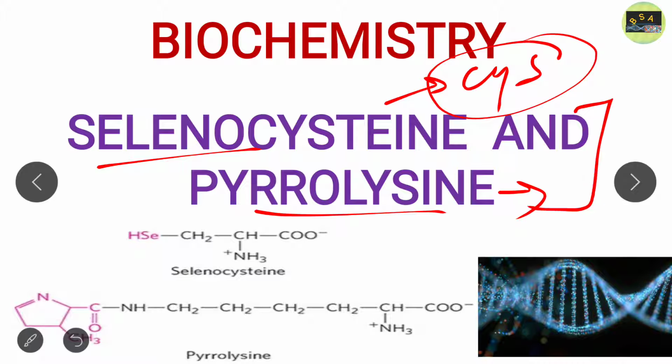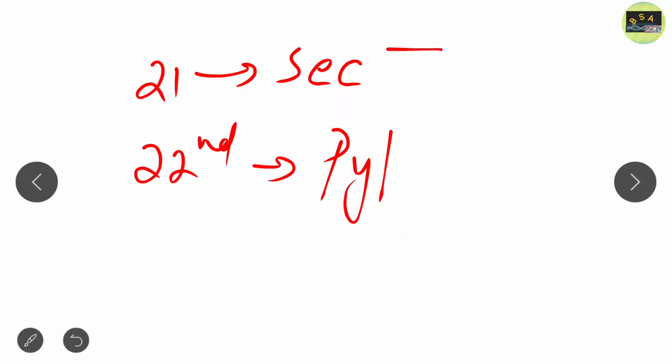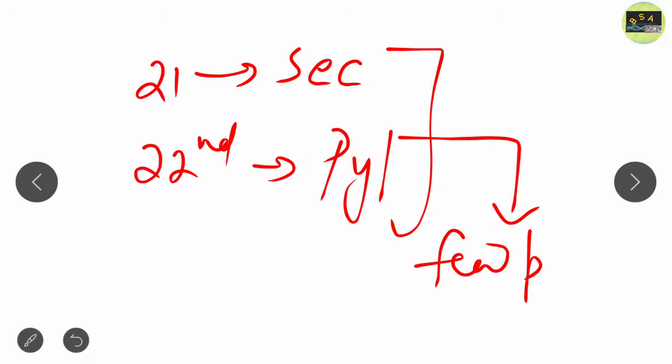These are also not post-translational modifications like the uncommon amino acids. Clear? These are purely the 21st and 22nd amino acids, selenocysteine, SEC, and pyrrolysine, PYL. Both take part in protein synthesis and are found in few proteins. So this is a basic introduction to selenocysteine and pyrrolysine.